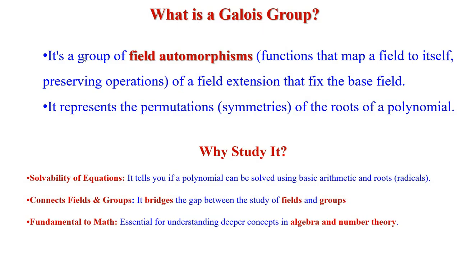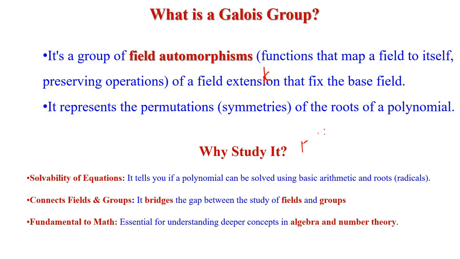What is a Galois group? It is a group of field automorphisms, functions that map a field to itself, preserving operations. So that is the definition of automorphism that's known to us. So it's a group of field automorphisms of a field extension. So if you take that field extension to be say K, that fixes the base field. So that is your G(K/F).